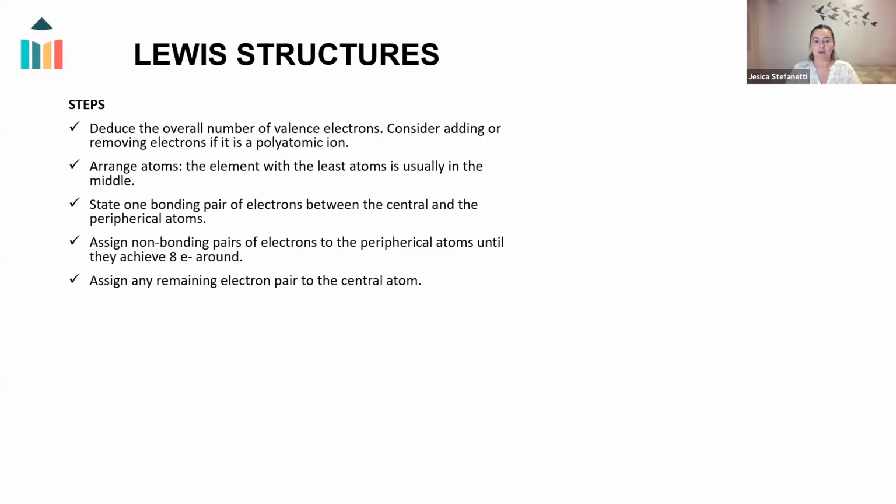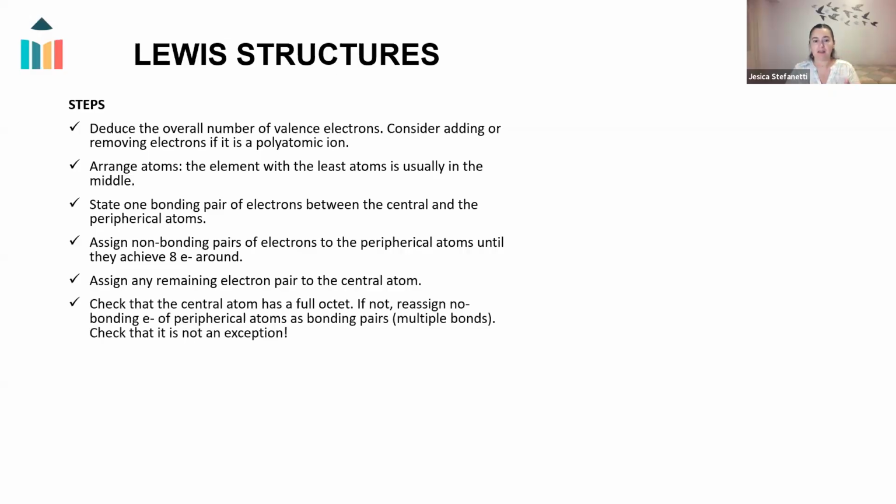Once we have done that, we will check if there are remaining electron pairs, and we will assign them to the central atom. And so we will check if they follow the octet rule or not. If it's not followed by all of them, we might have to reassign electrons.